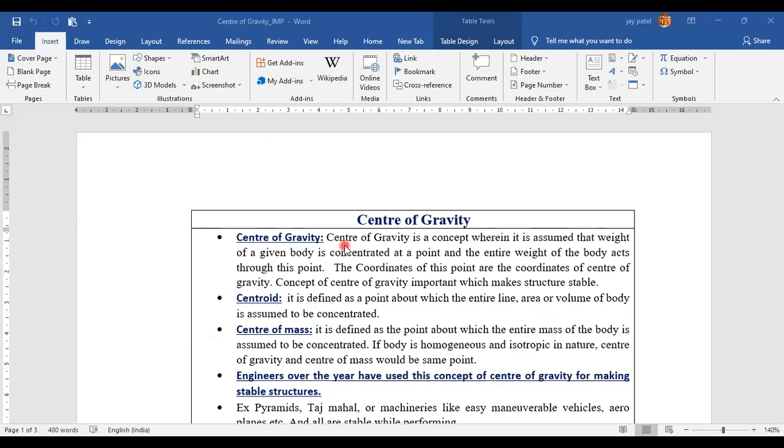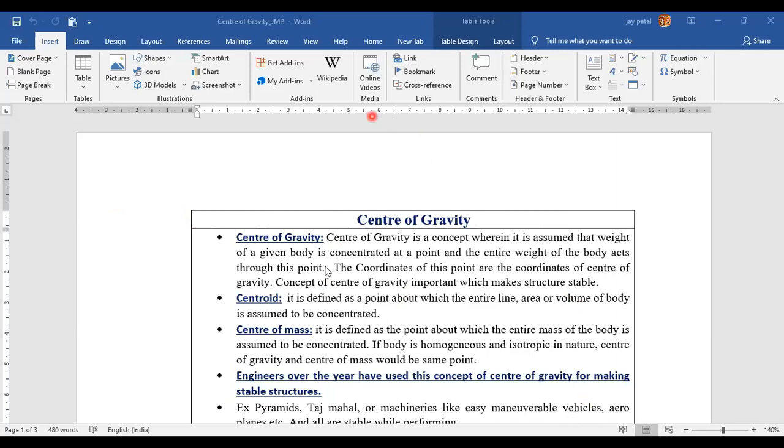But in the case of the centroid, we are considering the line, area, or volume. So can I say that we are going to consider geometrical representation? Yes or no? It is important.